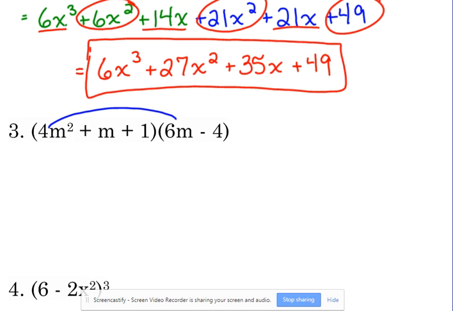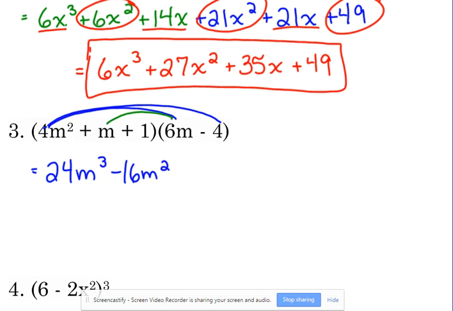I've got to distribute the 4m squared to both the terms in the second set of parentheses. So 24m cubed minus 16m squared. Then I've got to distribute the m. So plus 6m squared minus 4m. Then I've got to distribute the 1.